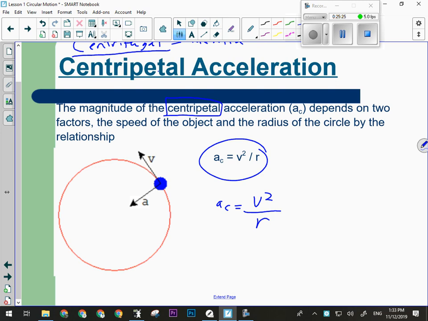Now, if I make the circle bigger, that is, I increase the radius, what will happen to the centripetal acceleration? It'll get smaller. So if I take a corner wider, is there a better chance I'll stay in it? Yes. And that's what race car drivers usually try to do when going around a corner.